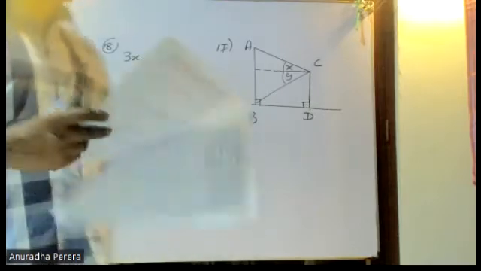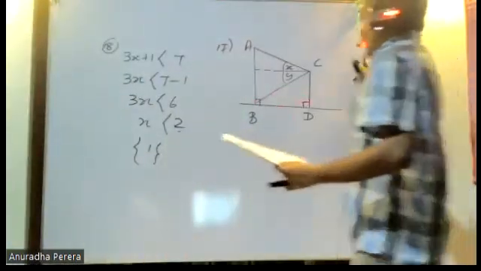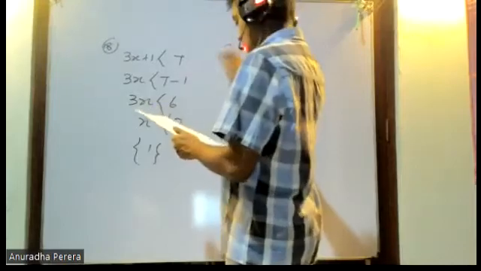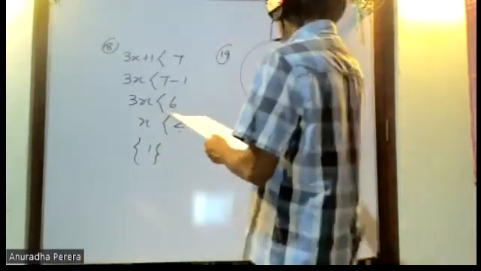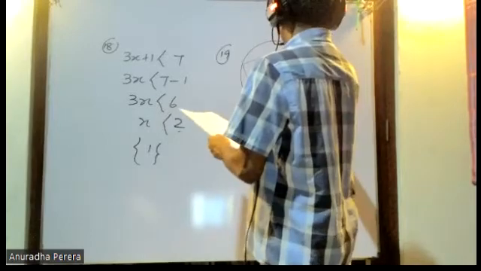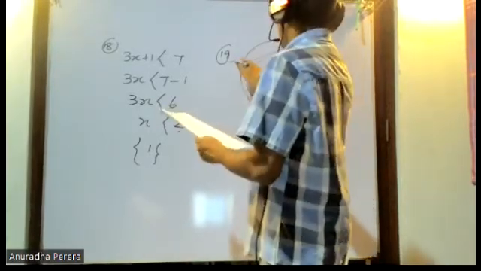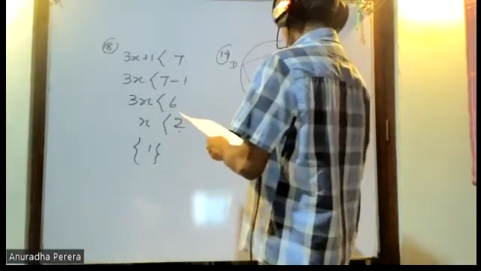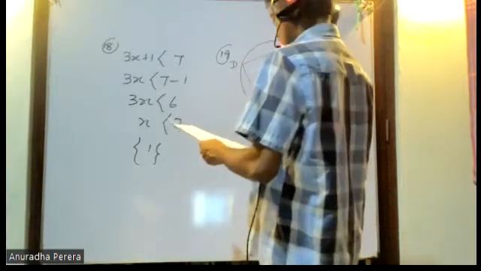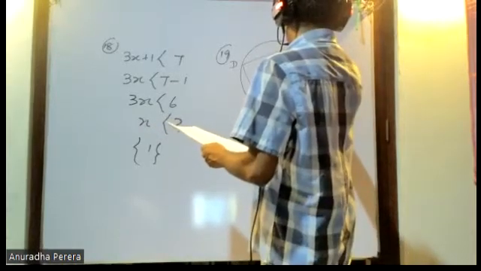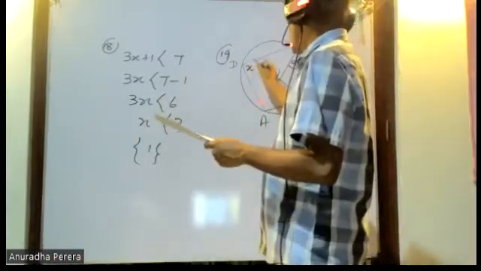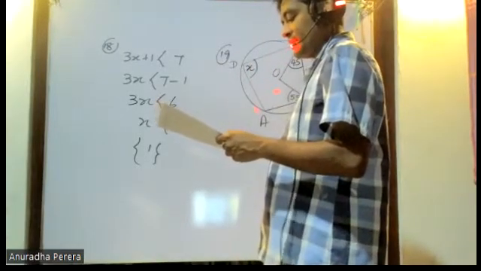19. ඔතලගේ 19 වෙනි ප්‍රශ්නය. The 4 points A, B, C, and D lie on the circle with center O in the figure.